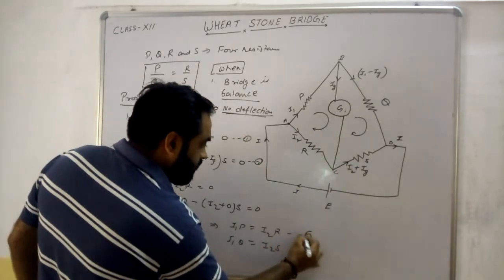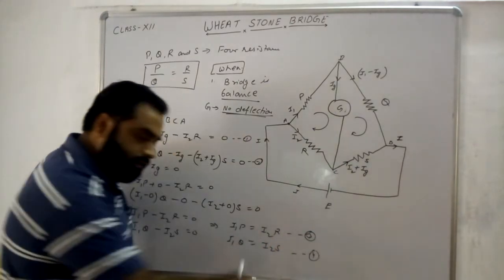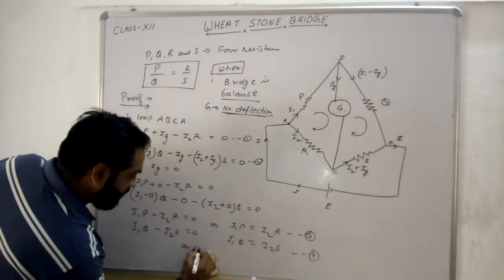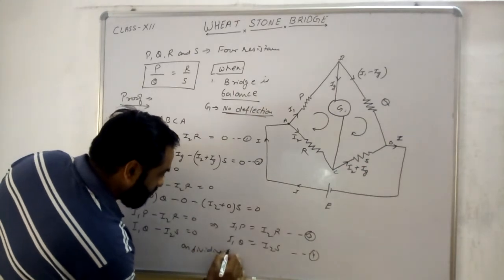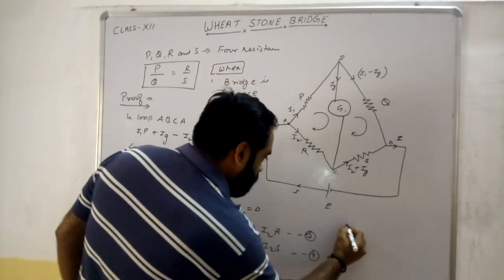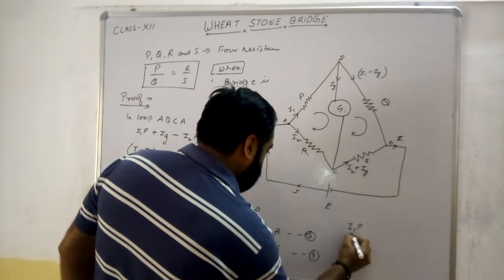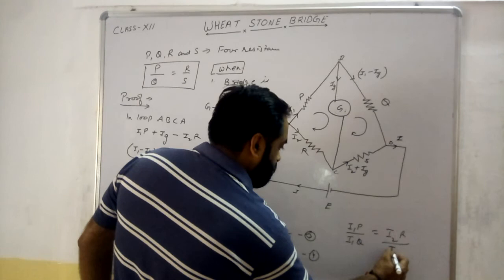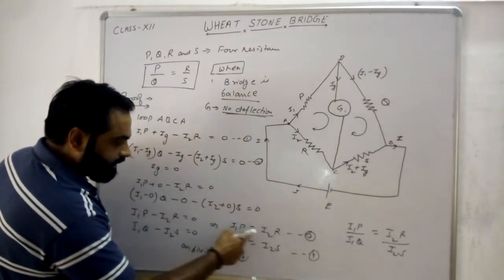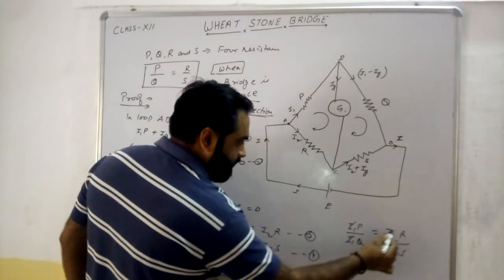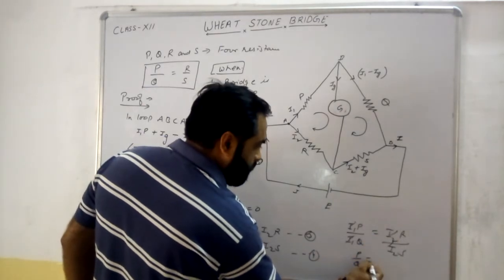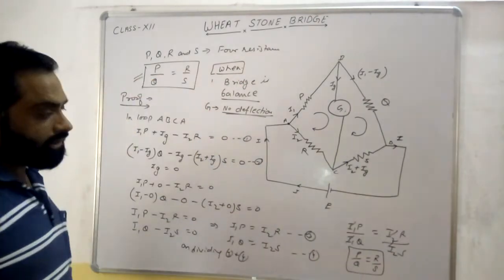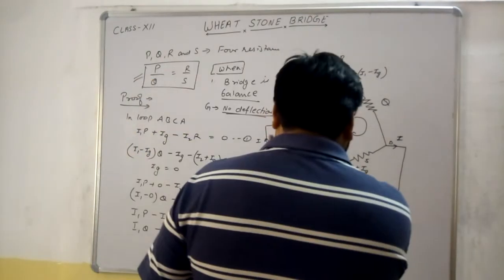Now given number 3 and 4, dividing 3 and 4, what happened? I1P upon I1Q is equal to I2R upon I2S. Divide, mainly divide. So cancel I1 I1, I2 I2. So this comes equal to P upon Q equals R upon S. This is the final result here of the galvanometer.